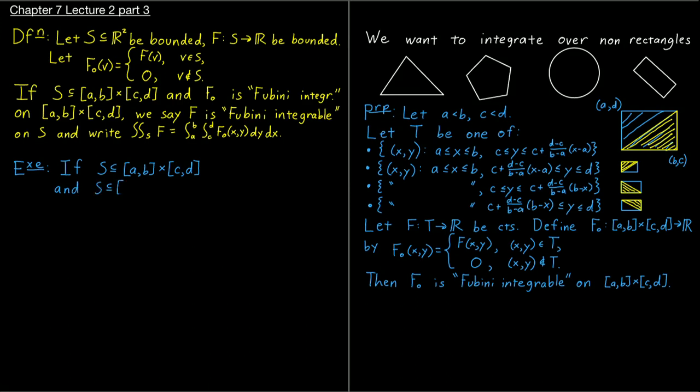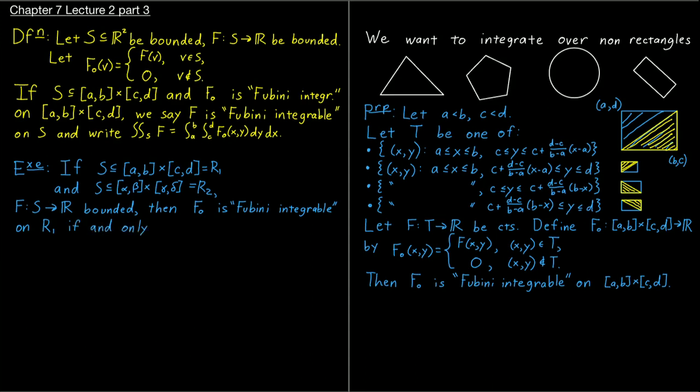If S is contained in two rectangles, and you've got a bounded function f, then f naught is Fubini integrable on the first rectangle, I don't feel like writing this out, so let's go ahead and name these R1 and R2, if and only if f naught is Fubini integrable on the second rectangle.